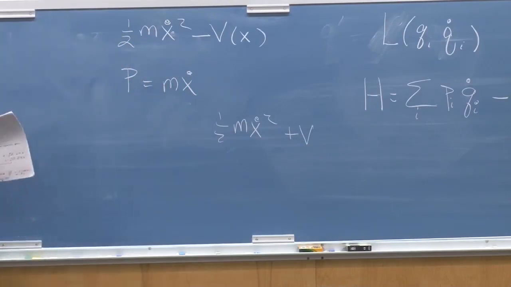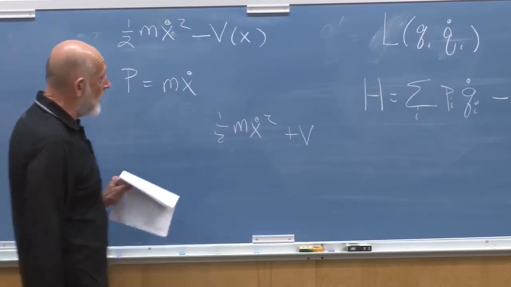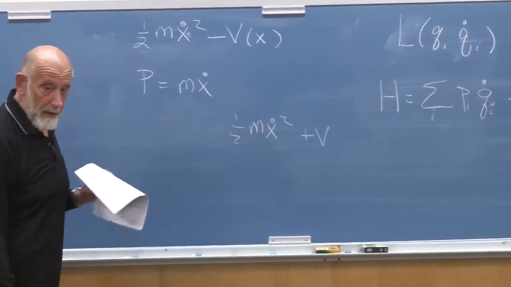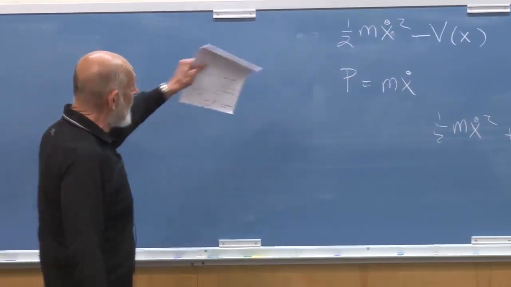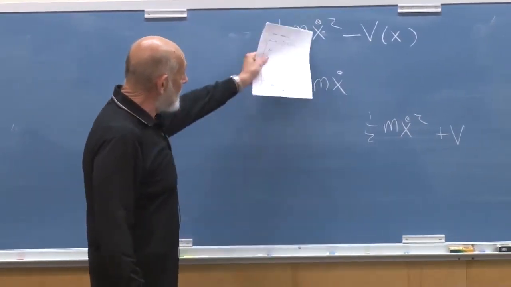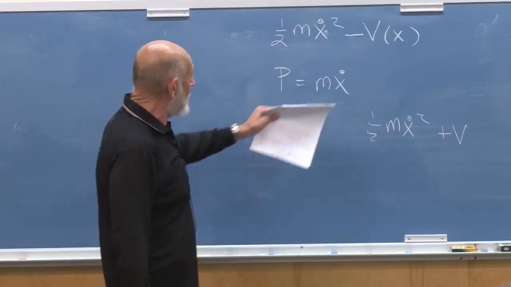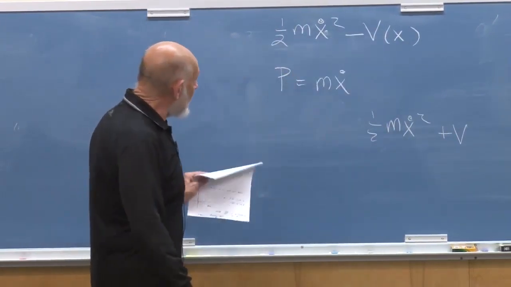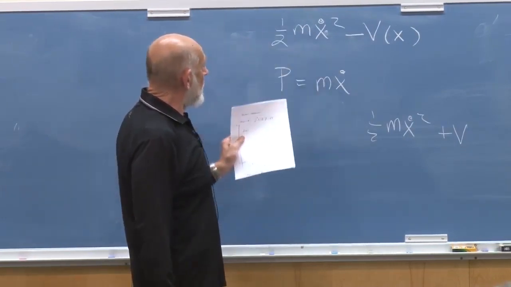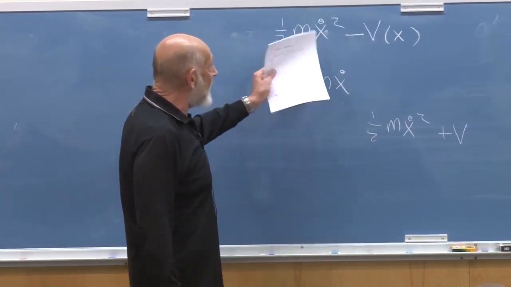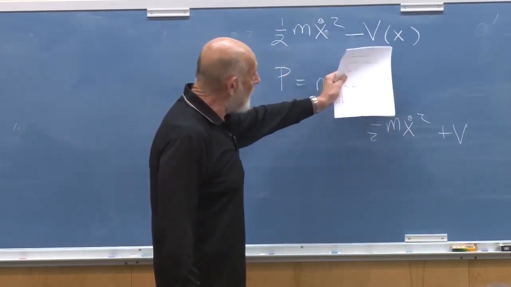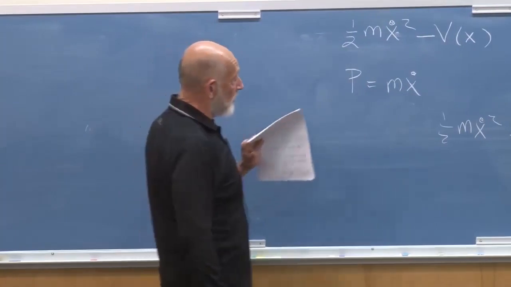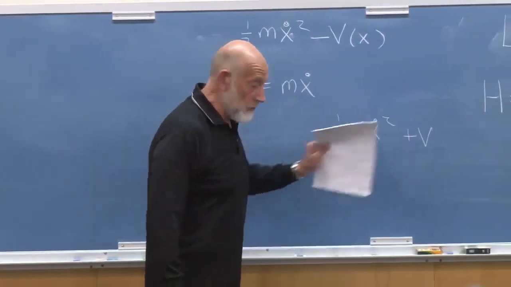Just the definition of potential energy and kinetic energy in the case where they apply, where you can separate the Lagrangian nicely into quadratic things in coordinate and time derivatives and other pieces which don't depend on time derivatives. It's in that case, where there are things which are quadratic in time derivatives and other things which don't contain time derivatives, that there's a well-defined separation into kinetic energy and potential energy.